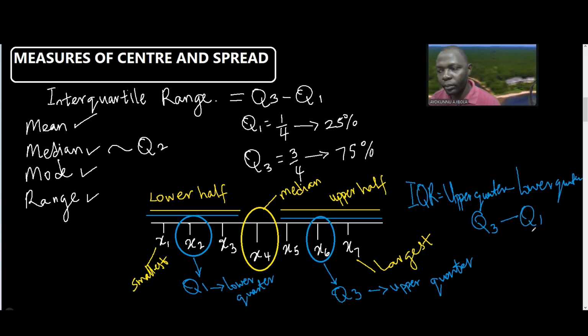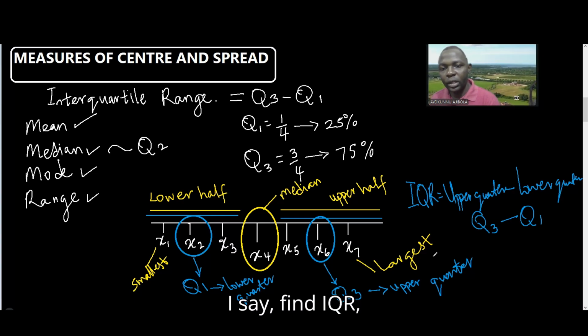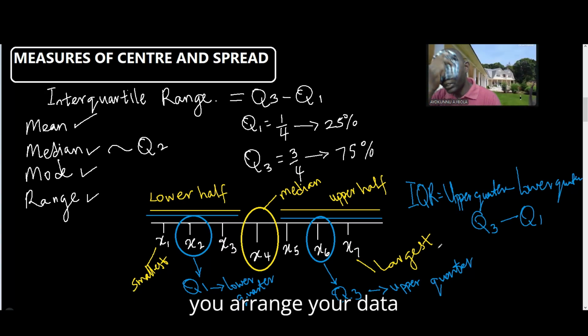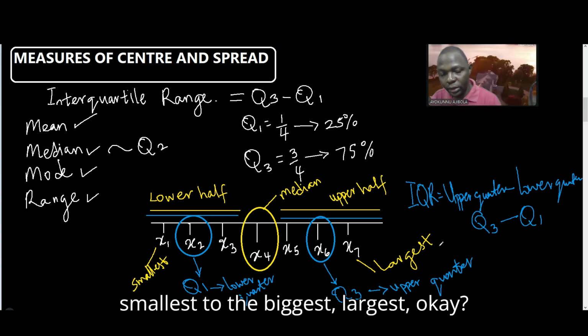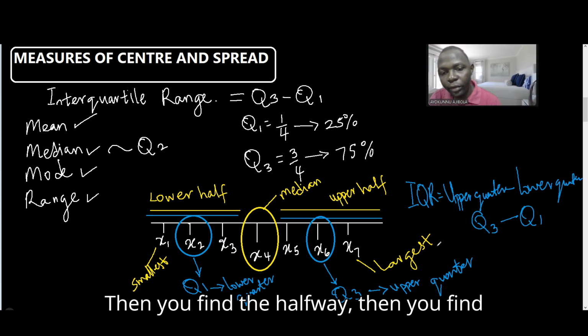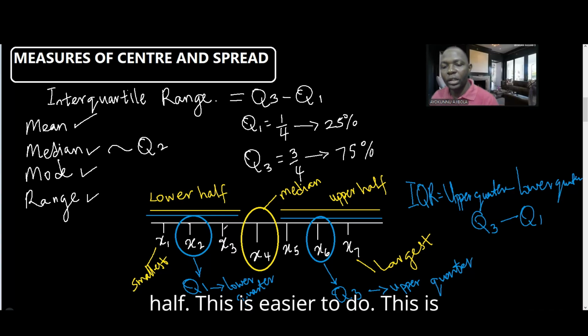Q1. So if I give you any set of questions and I say find IQR, you arrange your data from the smallest to the biggest, largest, okay? Then you find the halfway, then you find the upper half and the lower half. This is easier to do.